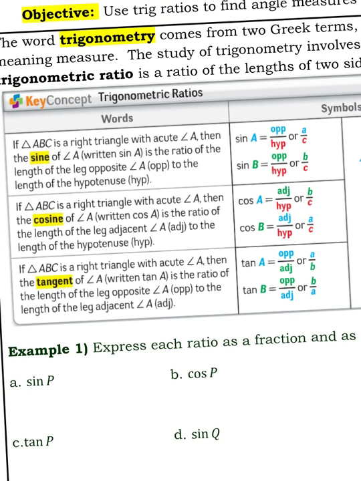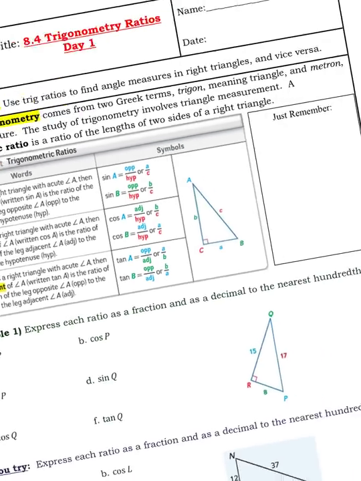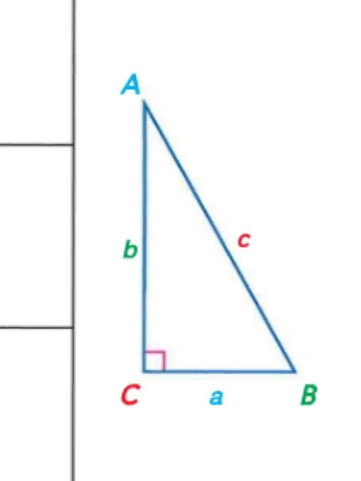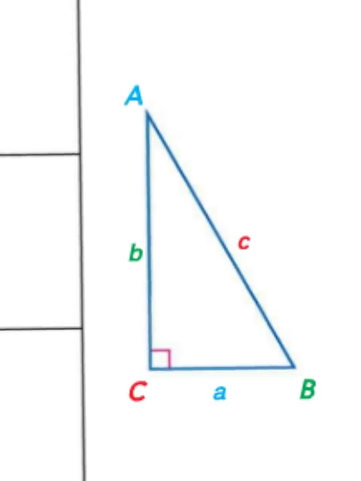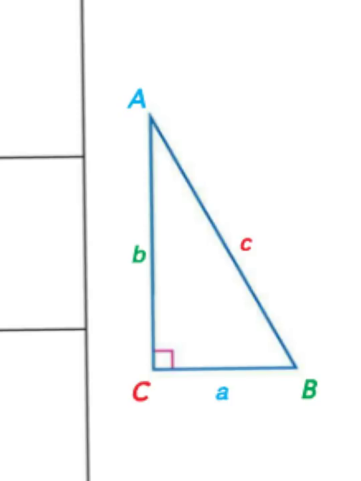Now, what do I mean by opposite, adjacent, hypotenuse side? So here we have a triangle. The longest side is always the hypotenuse.